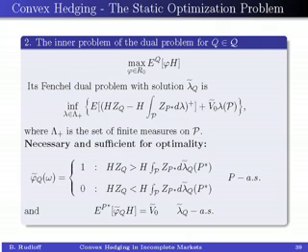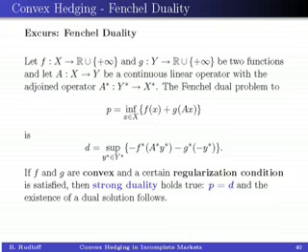Some remarks about the proof, and by the way, the last condition here just means that the superhedging price really attains the capital boundary. The proof is again an application of Fenchel duality.